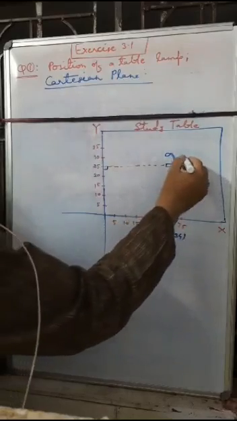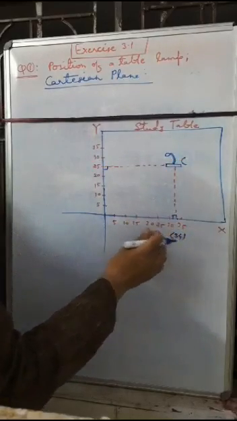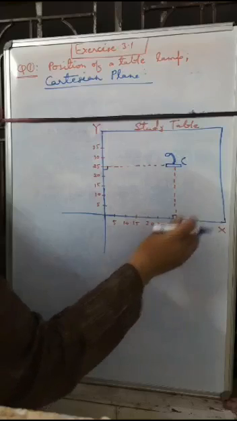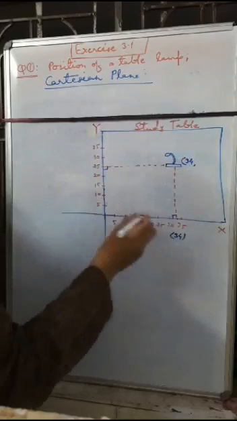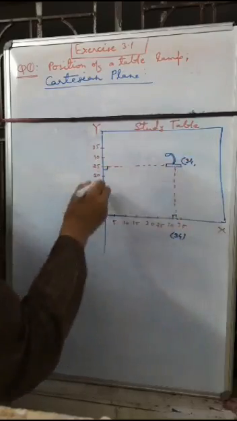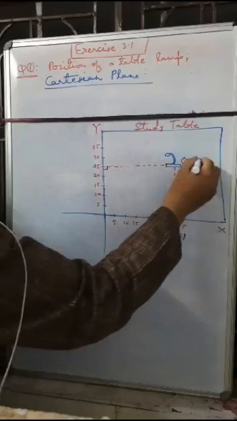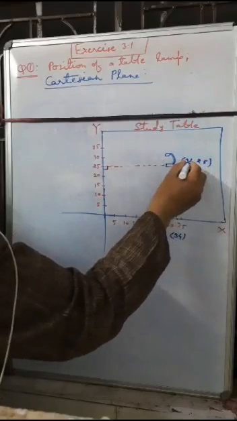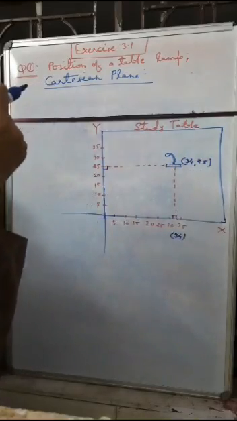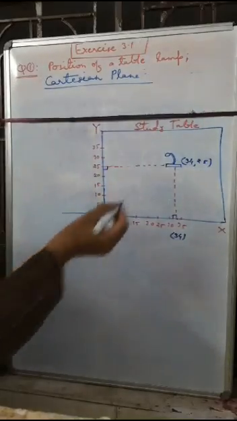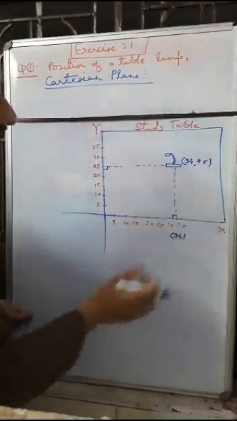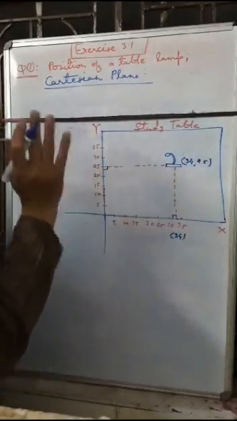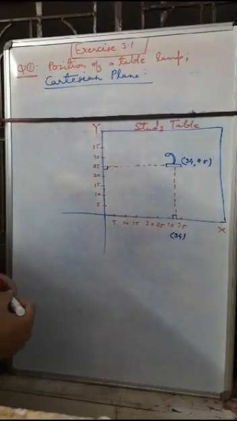So first we will write the perpendicular distance from the x-axis, 34, and then the perpendicular distance from the y-axis, 25. So the position of your table lamp is 34 centimeter from the x-axis and 25 centimeter from the y-axis.